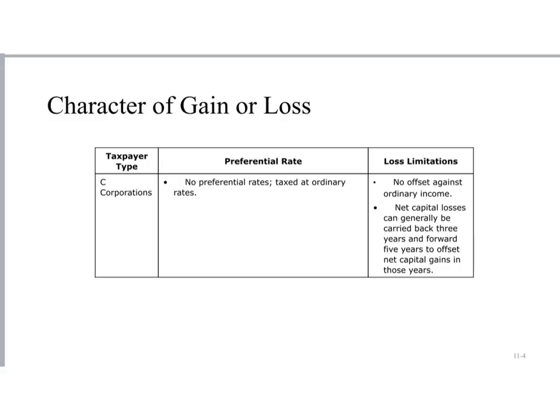So we also then have C corporations. And we're not going to deal with C corporations nearly as much, but remember when you're talking about C corporations and capital gains and losses, that works a little bit differently than with individuals. But that is not the focus of our conversation currently.